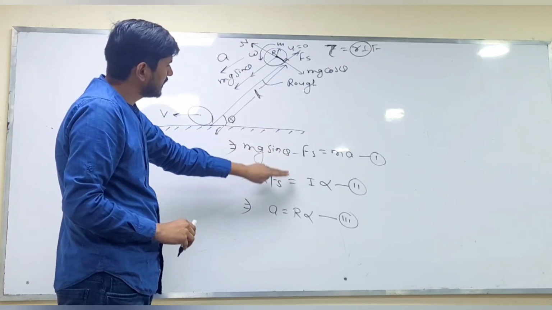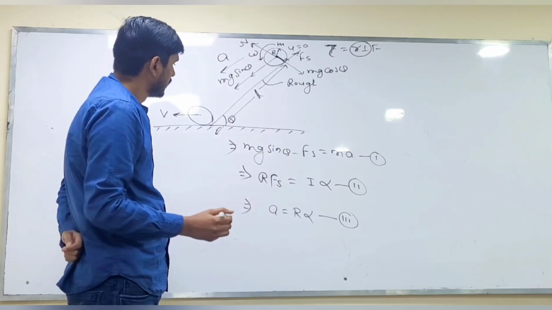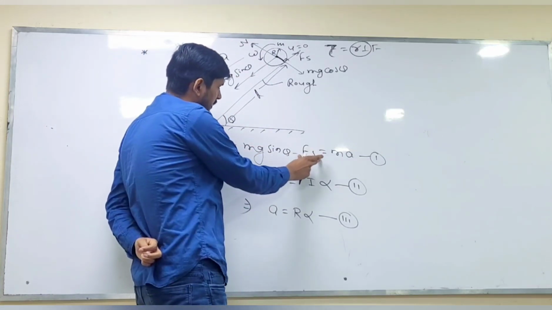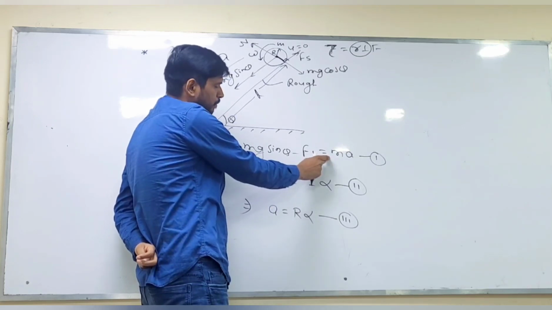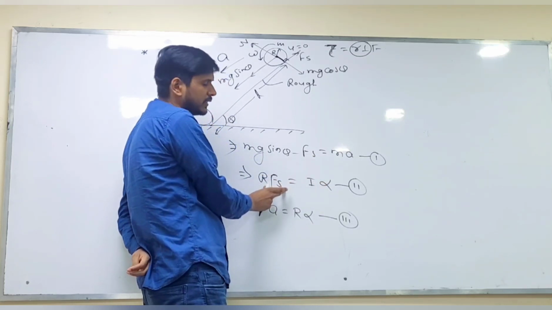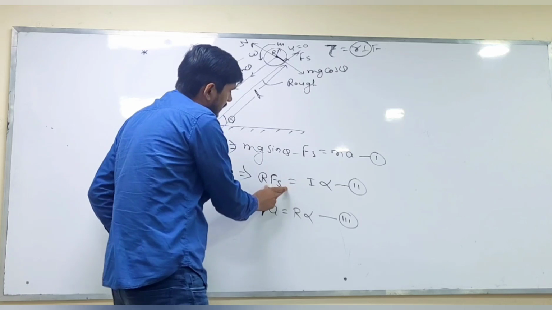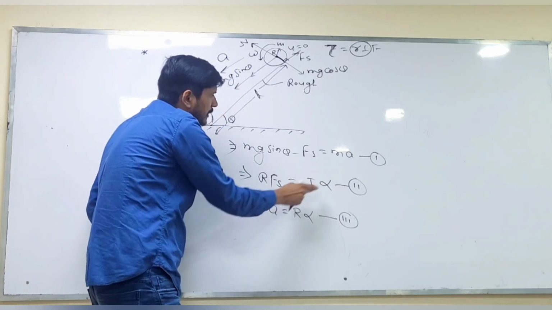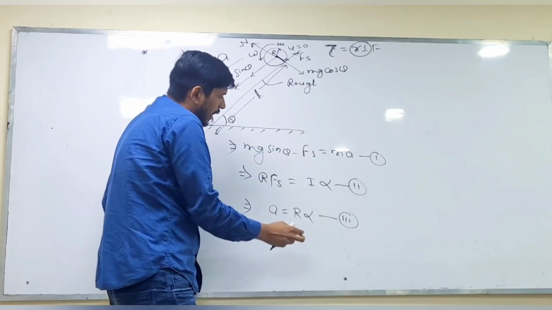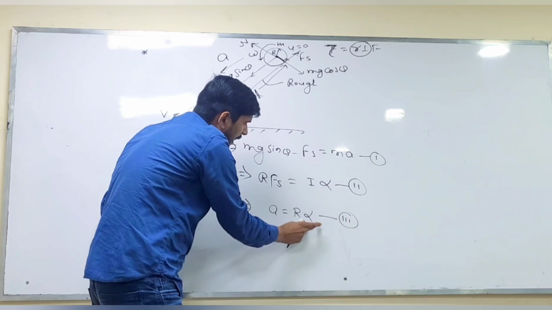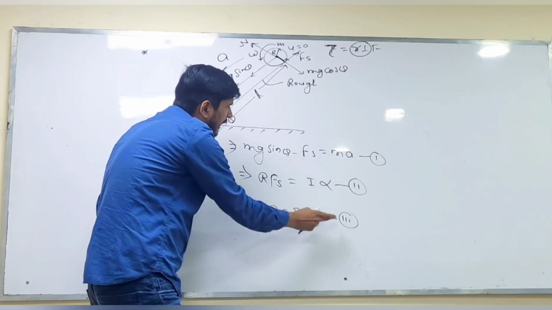Now we will solve all these three equations. Just put the value of friction from this to this. From the second equation, we calculate the value of friction, I alpha upon R, and put it in the first equation.